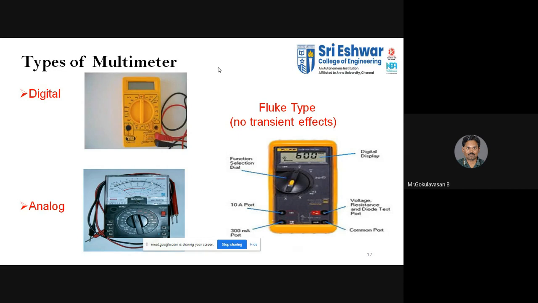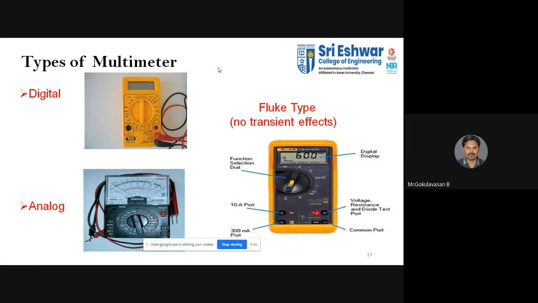But in the analog meter, human error may happen, maybe parallax error, because if I stand to the left of the meter and see the needle, it will give a different value when compared with the opposite side. If I stand at the right-hand side of the meter and see the reading, it will give a different value. That problem will not be there as far as the digital meter is concerned. So digital meters are nowadays very popular.